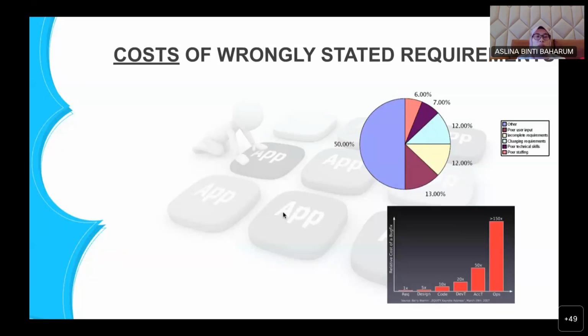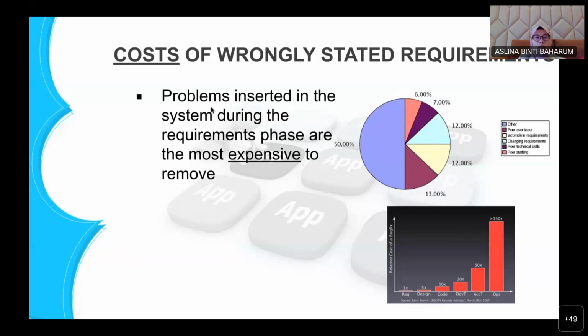Of course, talking about cost, if something is wrong in the requirement, if you are giving an incorrect, imprecise or not good requirement, it will take a cost, right? Because you are not having a good requirement, it may be costly, expensive.